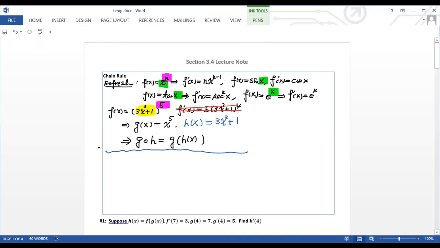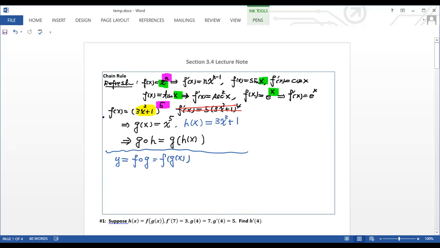Here I say y. If y is the composite function of f and g, we say y is f composed with g, so this is f of g of x.